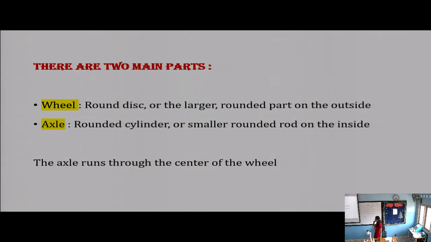So, how many parts are there in wheel and axle? Two parts. What are they? Everyone, what are they? I want answer from everyone.